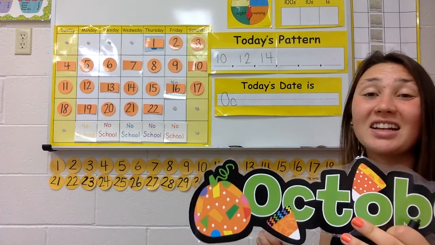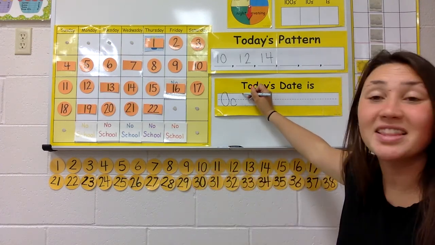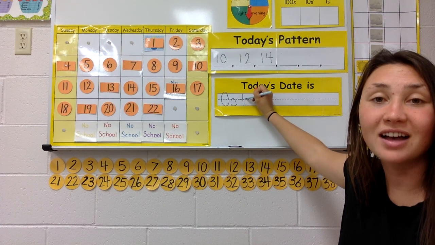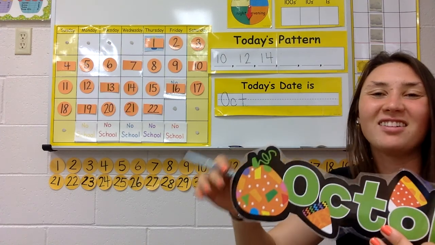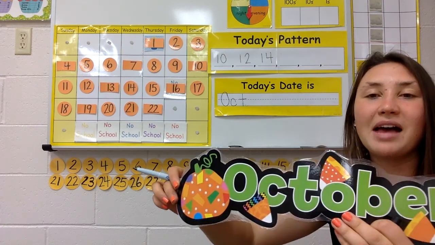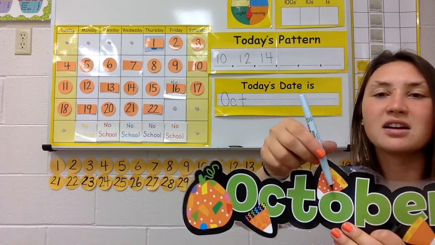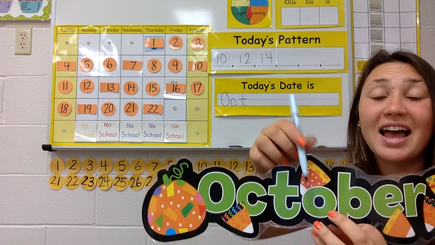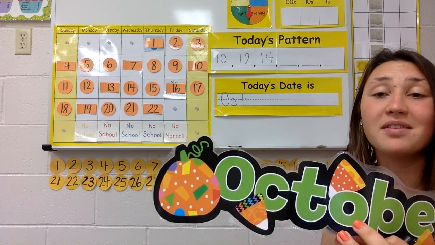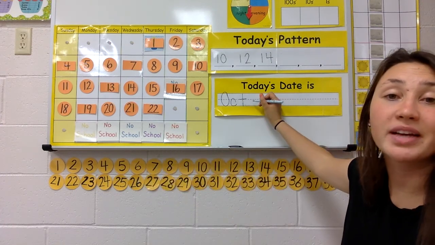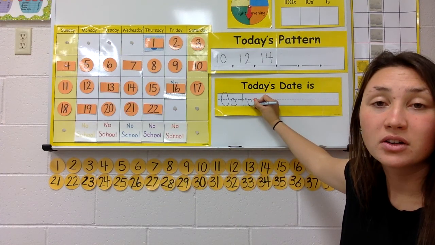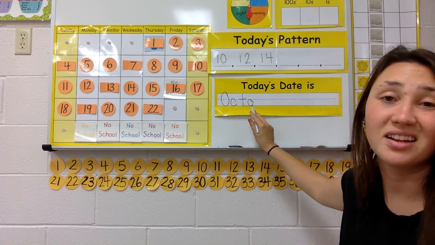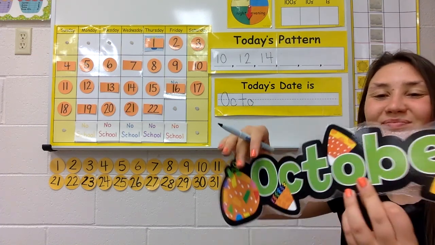Yep, a T. And this T, we'll just do the regular one where it goes down and you cross on vanilla. All right. What comes after that T right here? Yep, you should know this as the lowercase o, right? So go ahead and make your lowercase o this time, because we know there's 2 O's in October, but the first one is capitalized and the one in the middle is not.